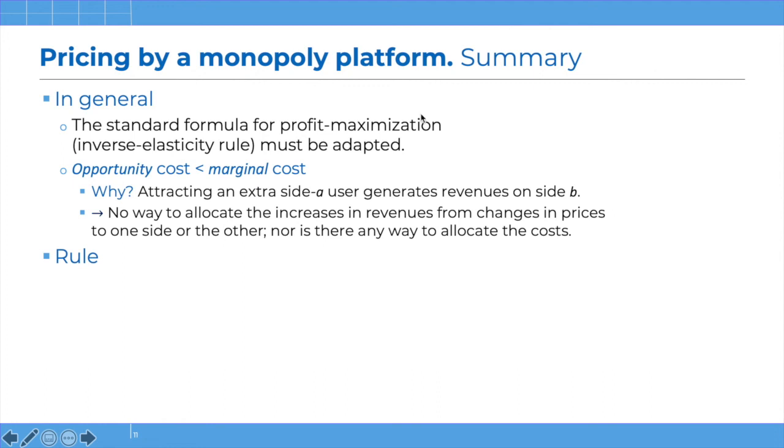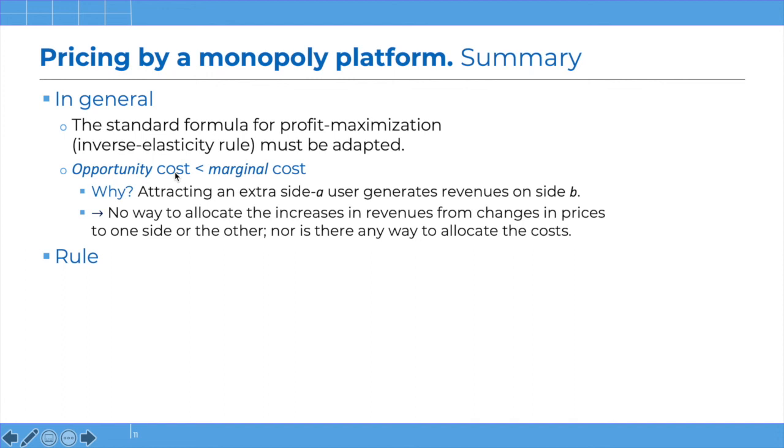And in particular, if you think of the costs of attracting one more, let's say, seller, well, in this example here, the cost was equal to 0, but in general, you may think of the platform having to pay something, for example in terms of advertising, to attract one more seller. But this is not the true cost that the platform needs to take into account. We know that economic agents think in terms of opportunity costs. And the opportunity cost is lower than the marginal cost.